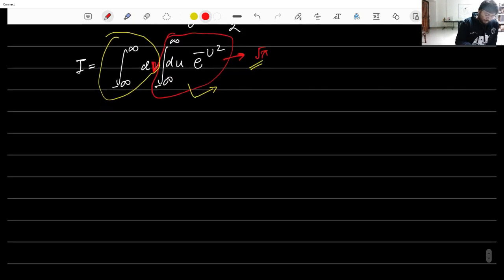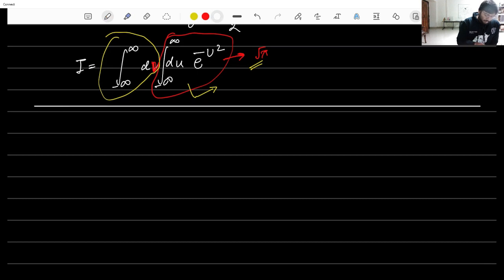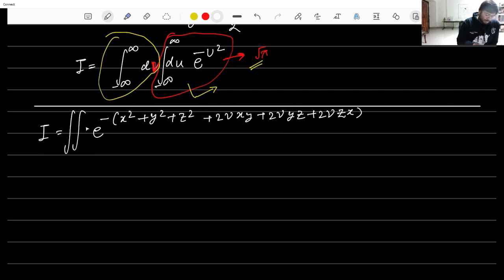Let us go to the 3-dimensional Gaussian integral. If you want to see a 3-dimensional Gaussian integral, I will write it like this: e to the power minus x square plus y square plus z square plus 2 nu xy plus 2 nu yz plus 2 nu zx, and then this is a 3-dimensional integration, dx dy dz, correct?